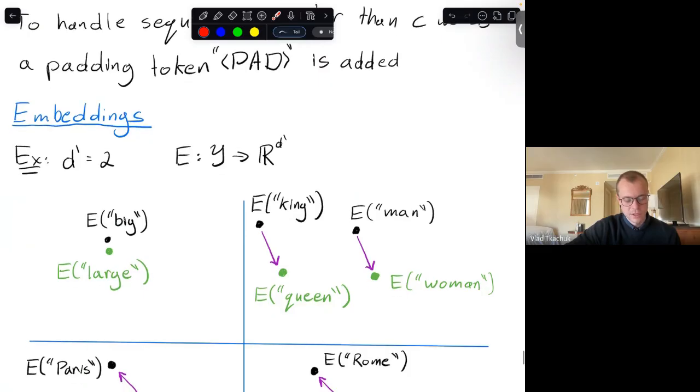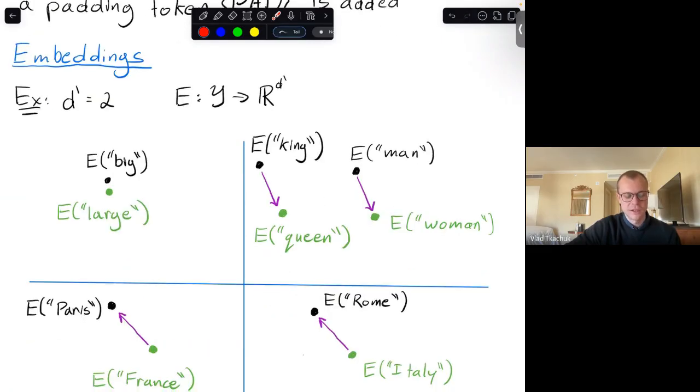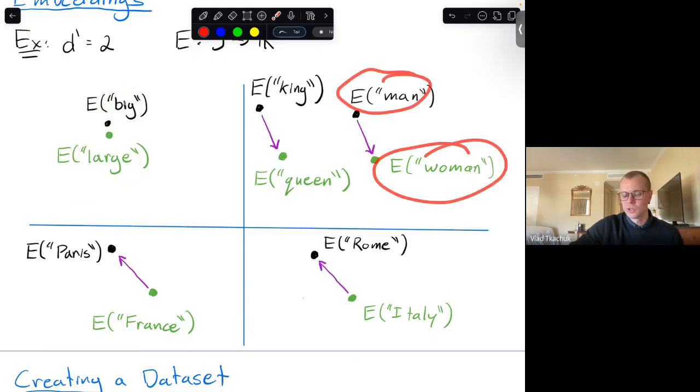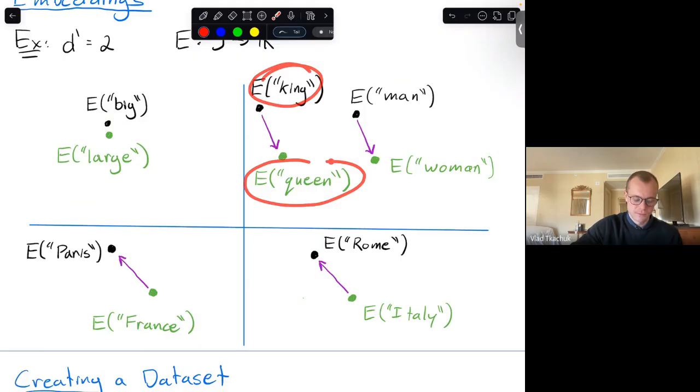And the intuition you should have with embeddings is they somehow encode semantic knowledge of tokens into a vector space. So synonyms, like the words big and large, will be close in the vector space. And you can have relationships, like the difference between the man vector and the woman vector is likely to be very similar to the difference between the king vector and the queen vector.